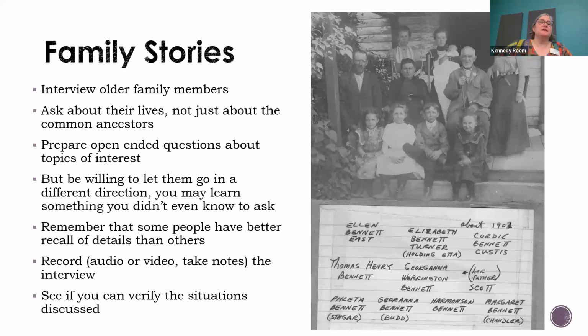But interview those older family members, ask about their lives, not just about the common ancestors. Open-ended questions about topics of interest can be good. Be willing to let them go in a different direction. You may learn something cool and different that you didn't know to ask about.